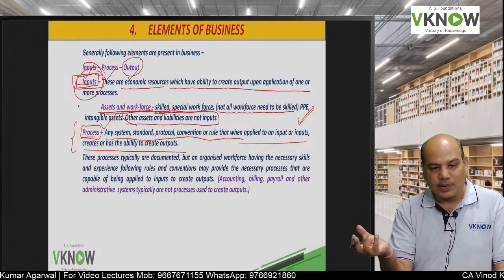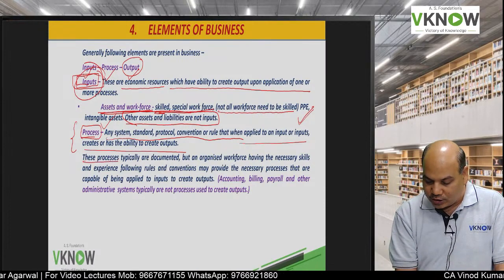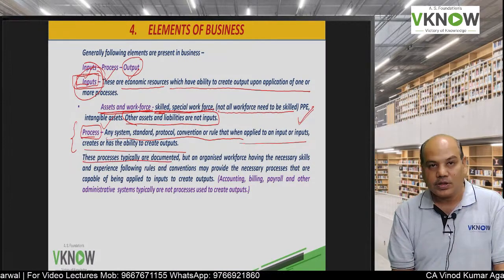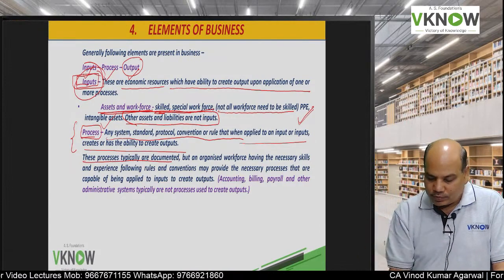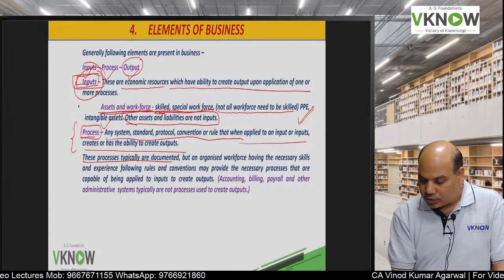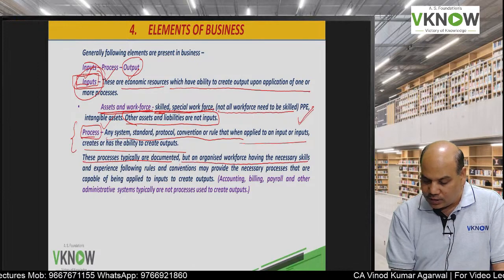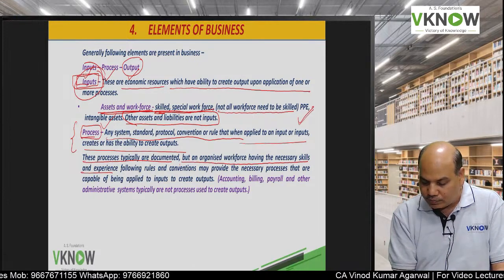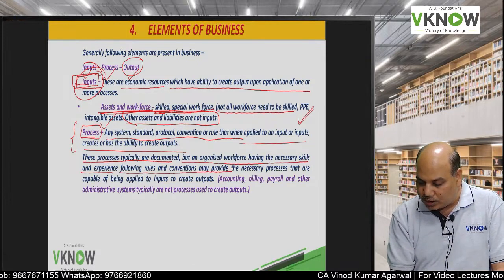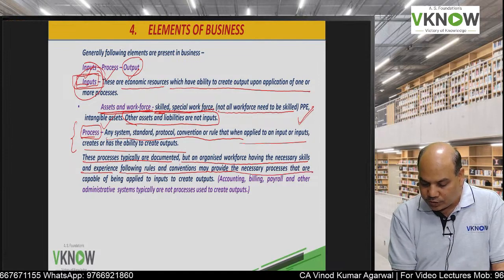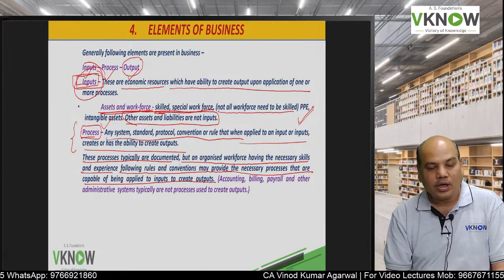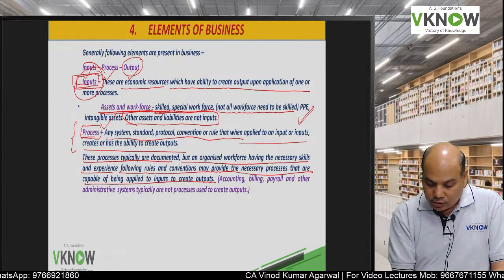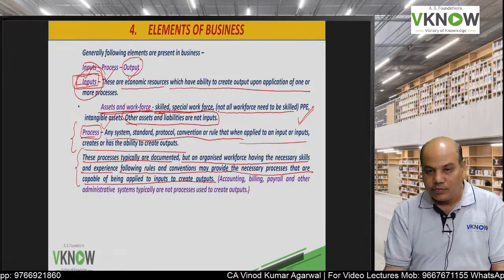They depend on the type of business, and the process can vary accordingly. The processes typically are documented, that is, the organization will make a list of the steps that are followed. But an organized workforce having necessary skill and experience, following rules and convention, may provide the necessary processes that are capable of being applied to input to create output. So it is not always necessarily documented.